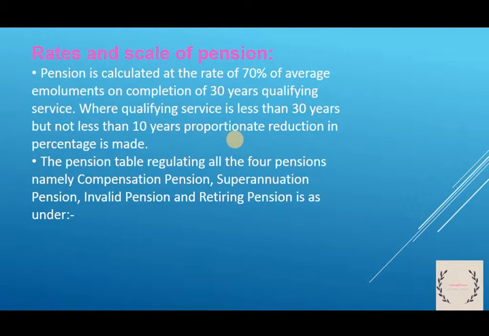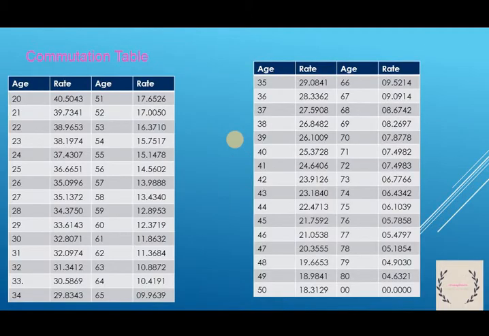Rates and scale of pension. All these following stuffs are reading materials and you can read yourself. Commutation table. This is also a very important part of the calculation towards pension.